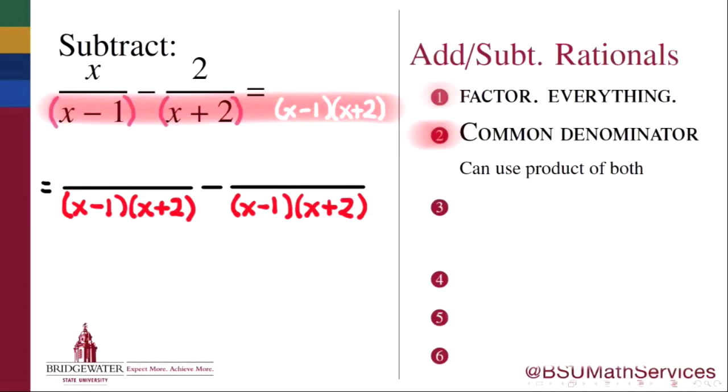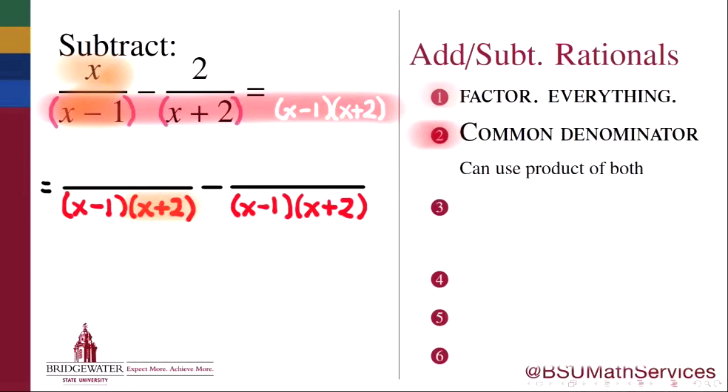Our next task is then to figure out how the numerators should change to adapt to this change in denominator. After all, for example, my first fraction, x over x minus 1, evidently its denominator has been multiplied by x plus 2.